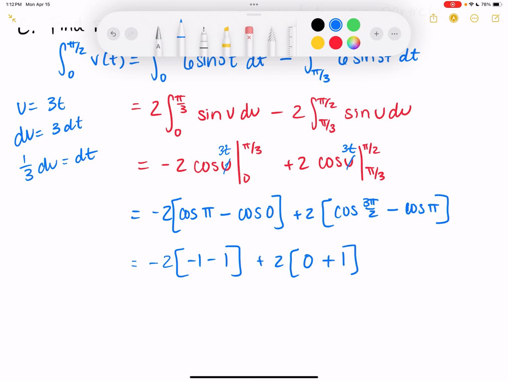So I've got negative 2 times negative 2, so that's going to be a positive 4, and then plus 2 times 1, so plus 2, so that's going to be equal to 6. So the total distance traveled is 6.